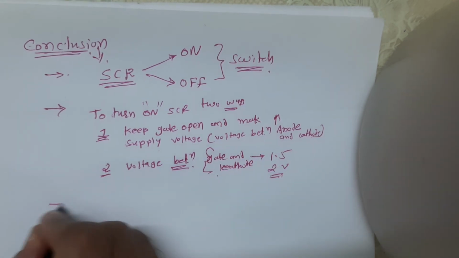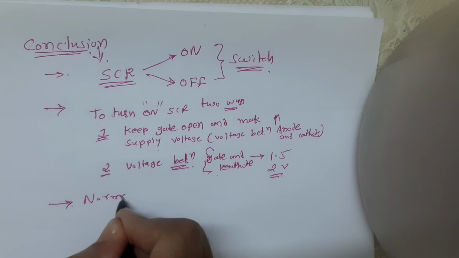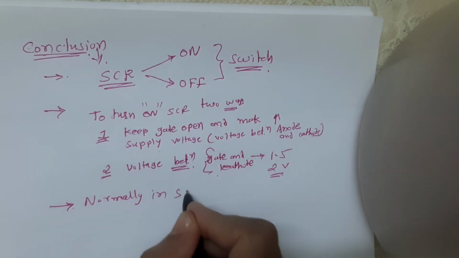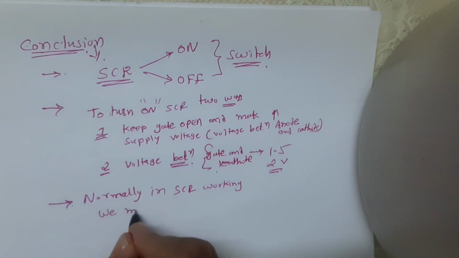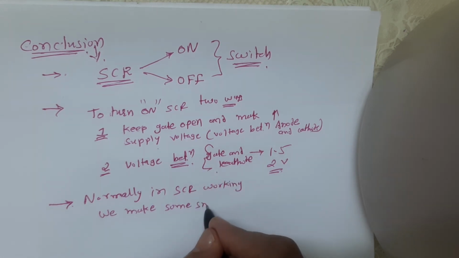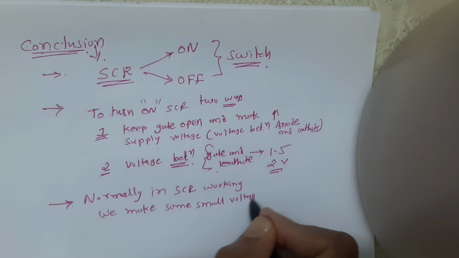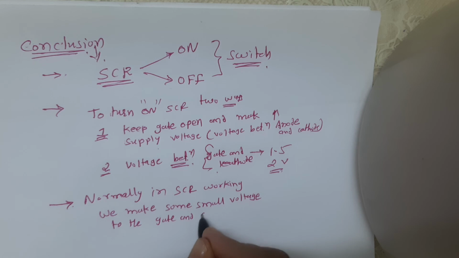Third conclusion: applying a small positive voltage to the gate is the normal way to close an SCR. Normally in SCR working, we apply some small voltage in between gate and cathode.